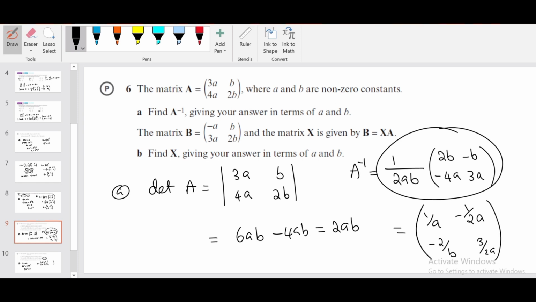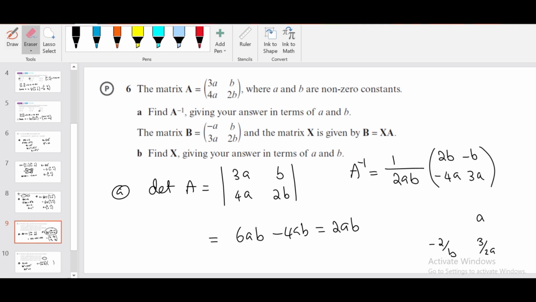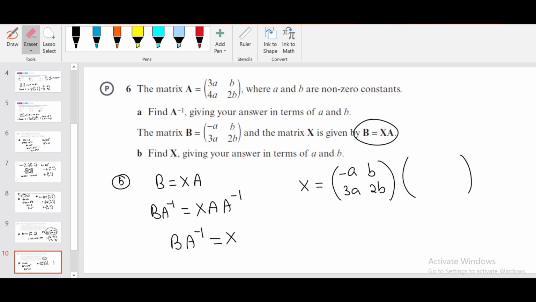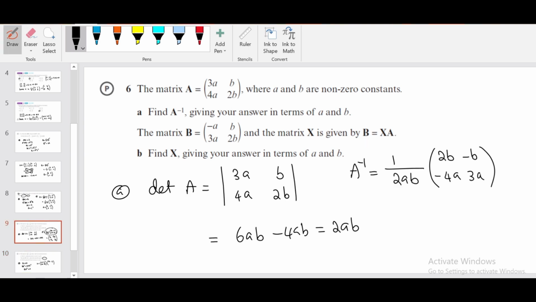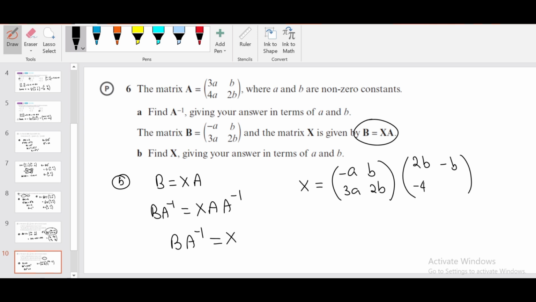You can do this, or do not worry about it, just keep the number outside. You can do that also. It's just a number. So you can just write the matrix 2b, minus b, and then minus 4a, 3a, and then times the number here. This is also allowed.